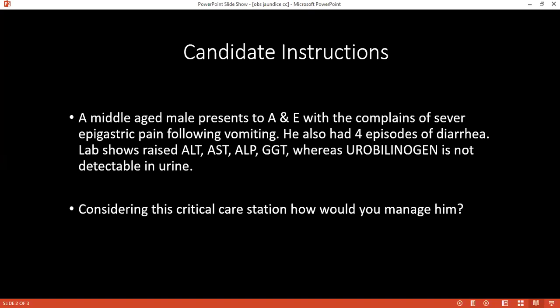Okay, the bell has gone, but one last question. I want you to consider that it is cholangitis. Which medications or antibiotics would you give to the patient?